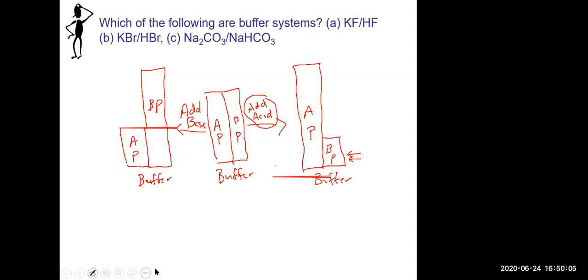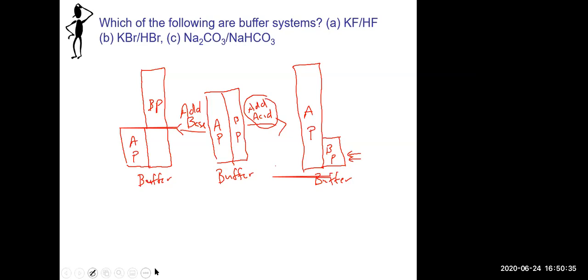You're going to basically blow right through the base part of the buffer. At that point, it will no longer be able to maintain the pH, because once you get rid of the base part of the buffer, you're now just dumping in a whole bunch of acid that won't react with anything. You're going to generate a lot of free H+, and at that point you will see the pH start to jump and go down tremendously.